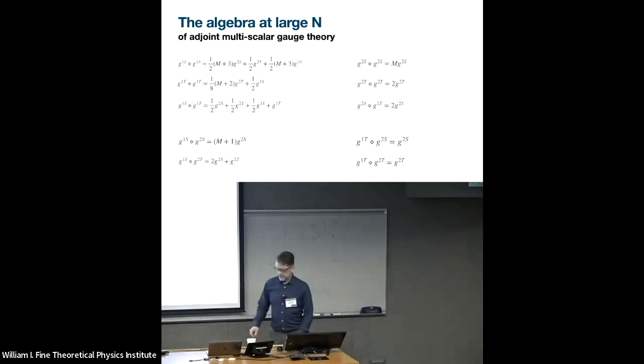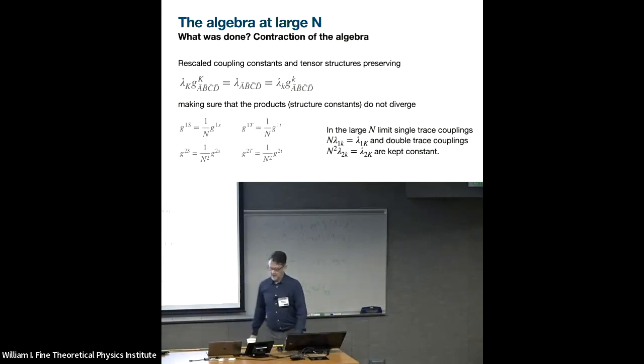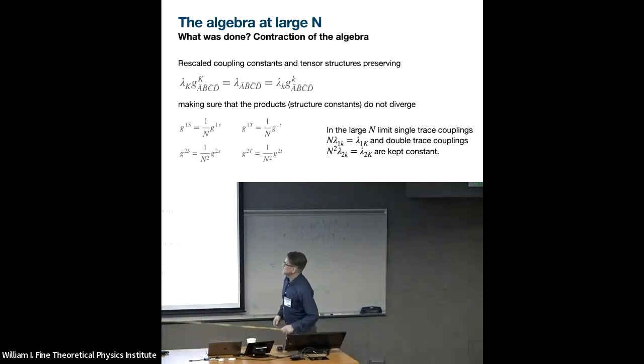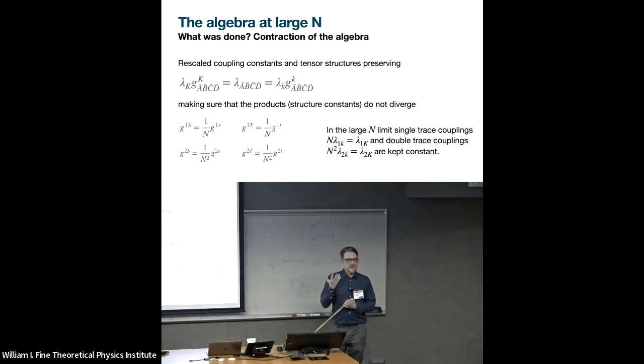Simplifies considerably. So what was done here is sort of a contraction of the algebra, similar to contractions of Lie algebras. I rescale coupling constants and tensor structures in this way, preserving the product like this. And then I make sure that the structure constants do not diverge.